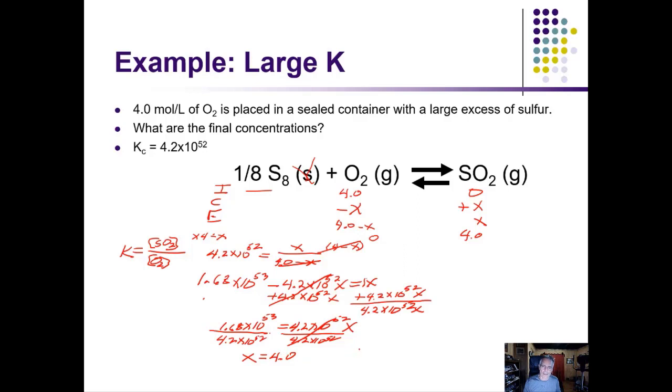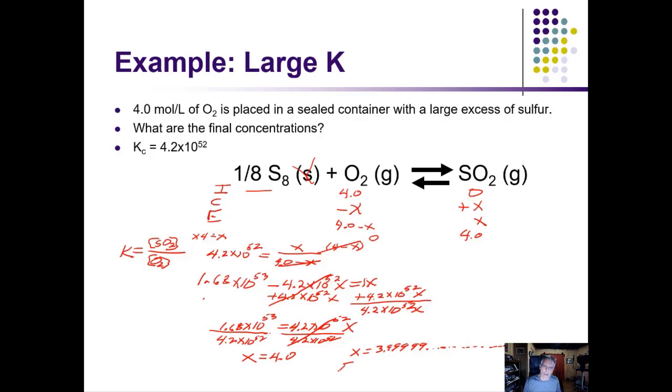Now, the truth is, x is actually equal to something like 3.99999, but I would have to go out to 52 places for that last 9. And then my starting concentration, while it is effectively 0, after subtracting 4 from 4, it's effectively 0.